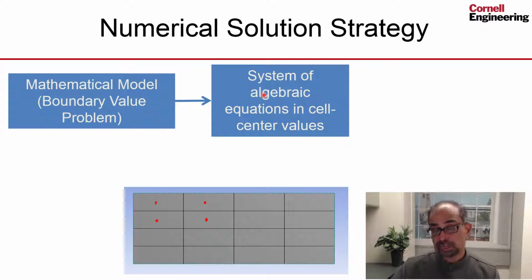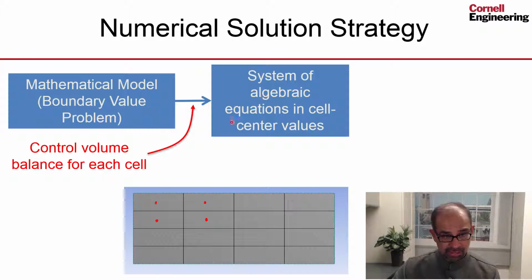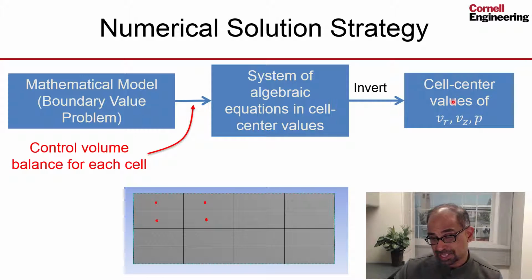And the system of algebraic equations is derived by performing a control volume balance for each cell, as we've seen before. And once it has a system of algebraic equations, it'll invert it and determine the cell center values of the velocity and pressure.